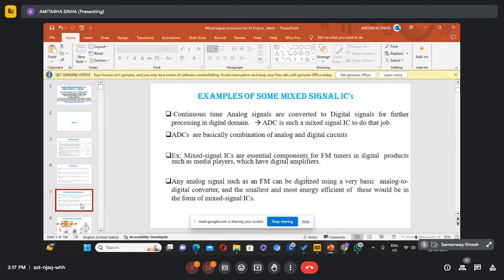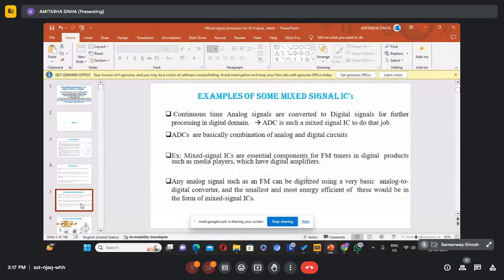So mixed signal ICs are essential components for FM tuners in digital products such as media players, which have digital amplifiers. Any signal such as FM can be digitized using a very basic analog to digital converter, and the smallest and most energy efficient of these would be in the form of mixed signal ICs.